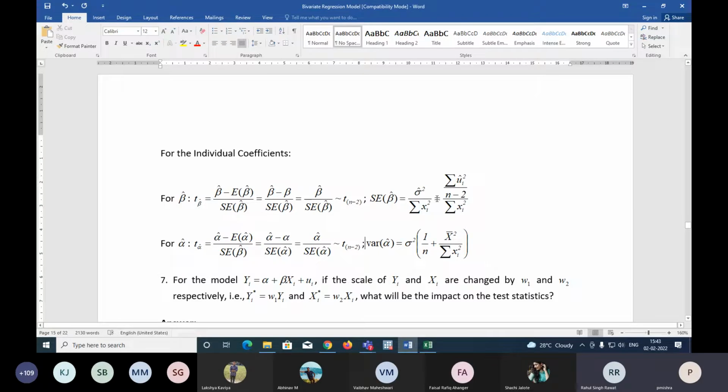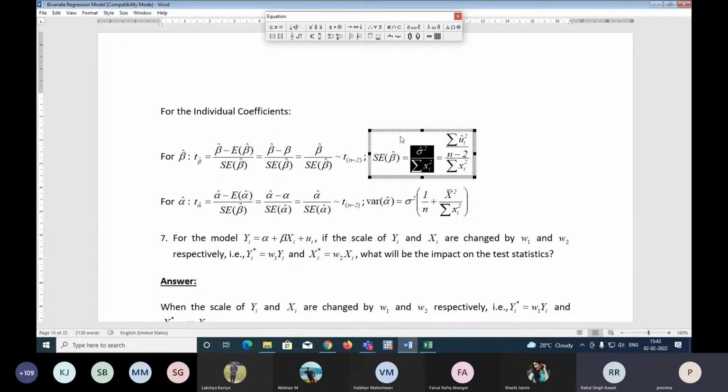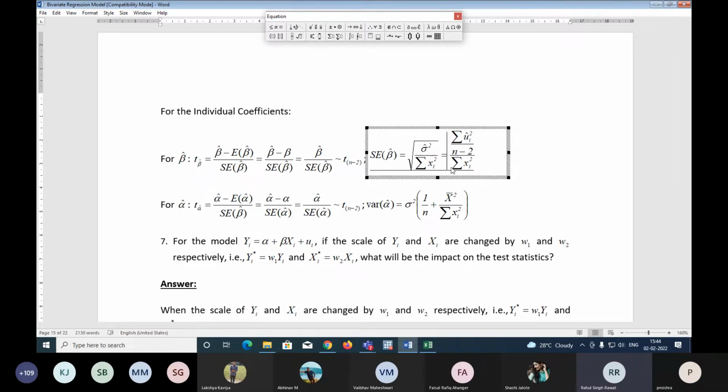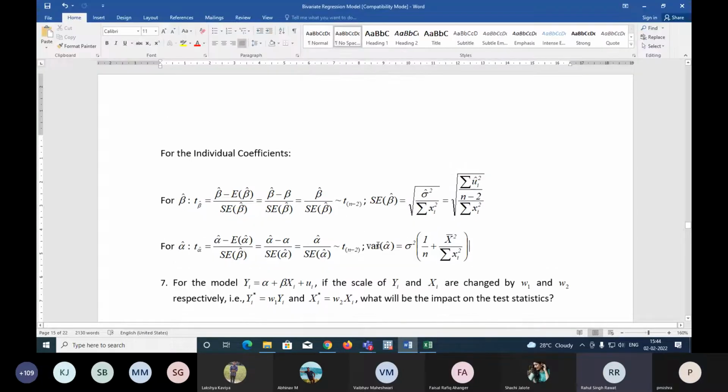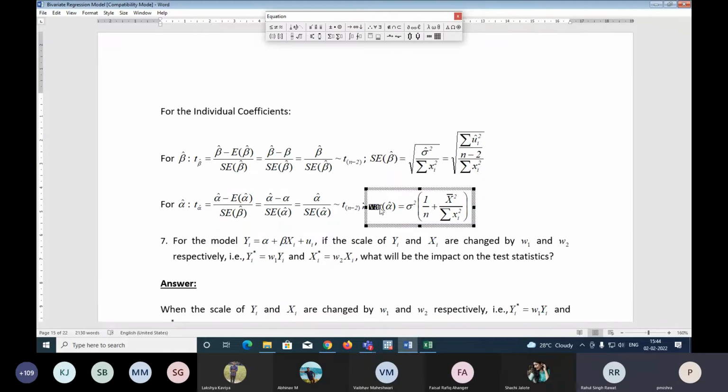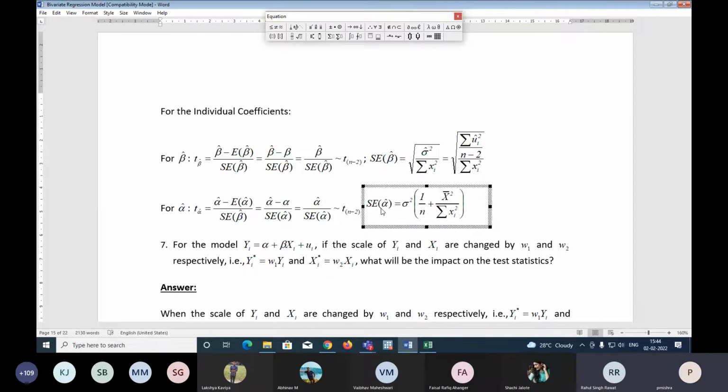So standard error means this is to be made square root, this is also to be made square root. Same is true here when I am writing standard error, this is to be made square root.